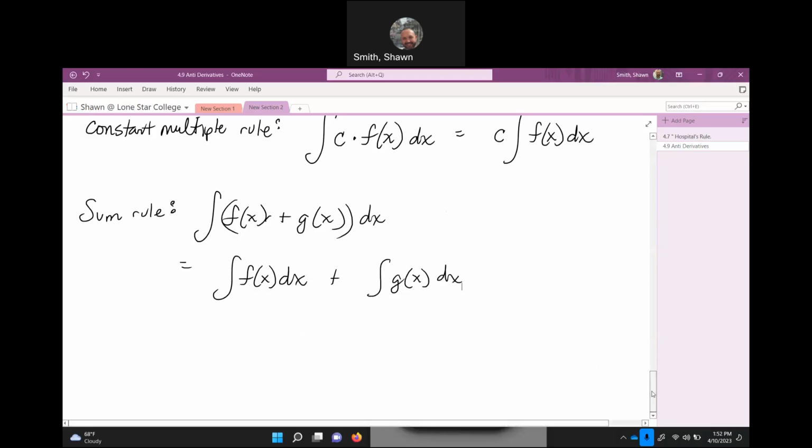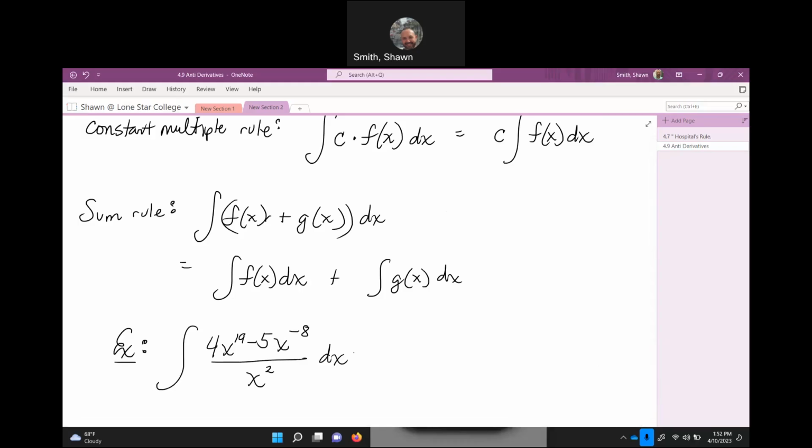So let's do an ugly mess. I want to find some function whose derivative is that, plus c.